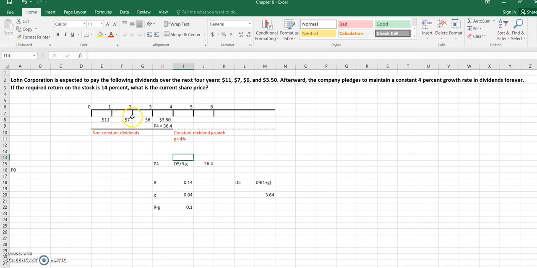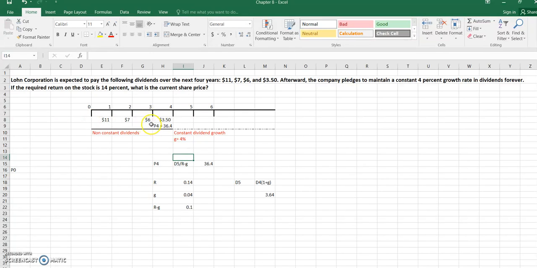For the $7, we divide it by 1 plus 0.14 to the power 2 because it's going to take 2 years to come back to time 0.